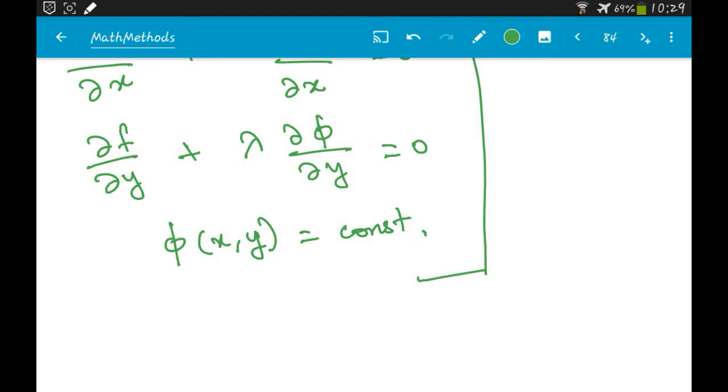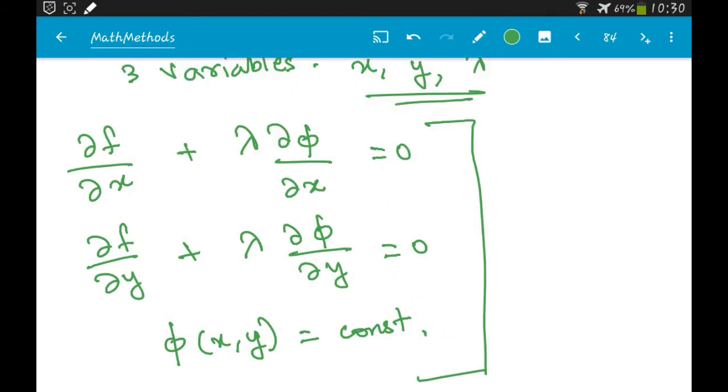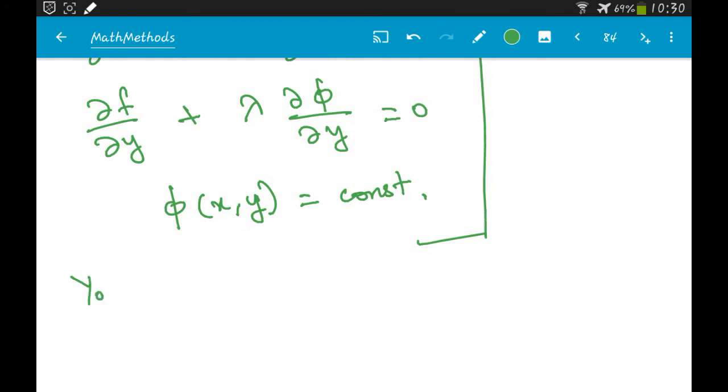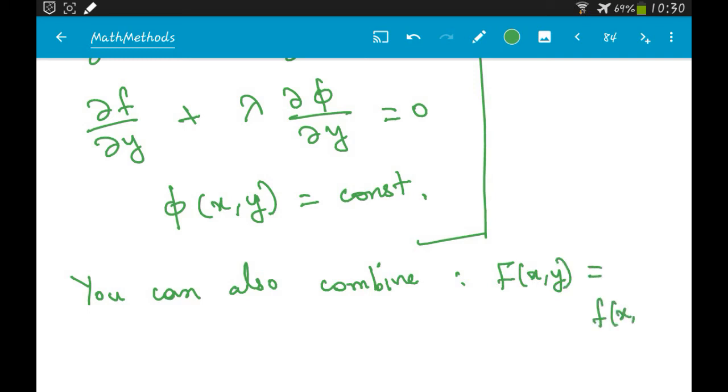So generally this equation, you can also combine it: capital F of x comma y is equal to small f of x comma y plus lambda phi of x comma y.